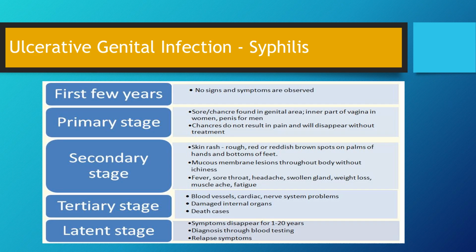They will also have a maculopapular rash on the palms and soles that is non-pruritic. In the latent stage, the patient will be asymptomatic, but will have positive titers. In the tertiary stage, the patient will have neurosyphilis, valvular damage, aneurysms, and soft tissue tumors called gummas.